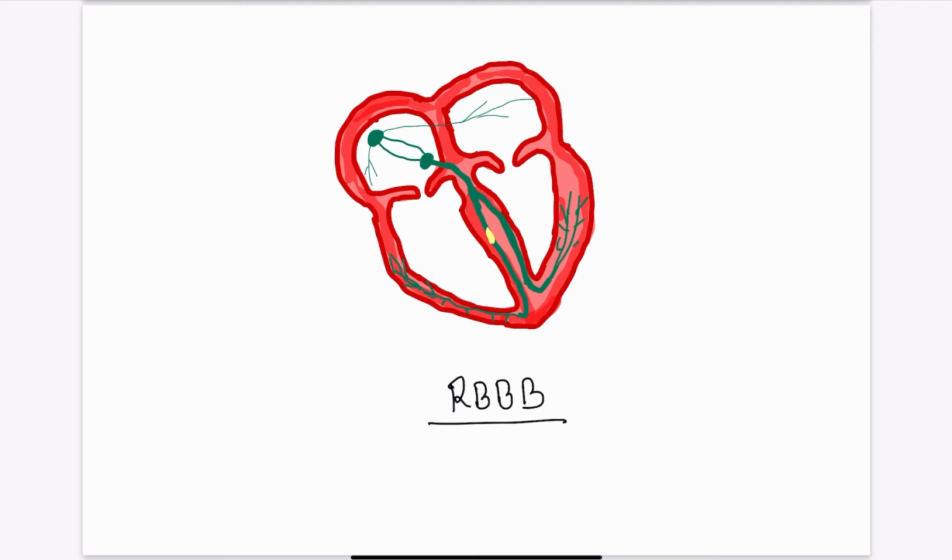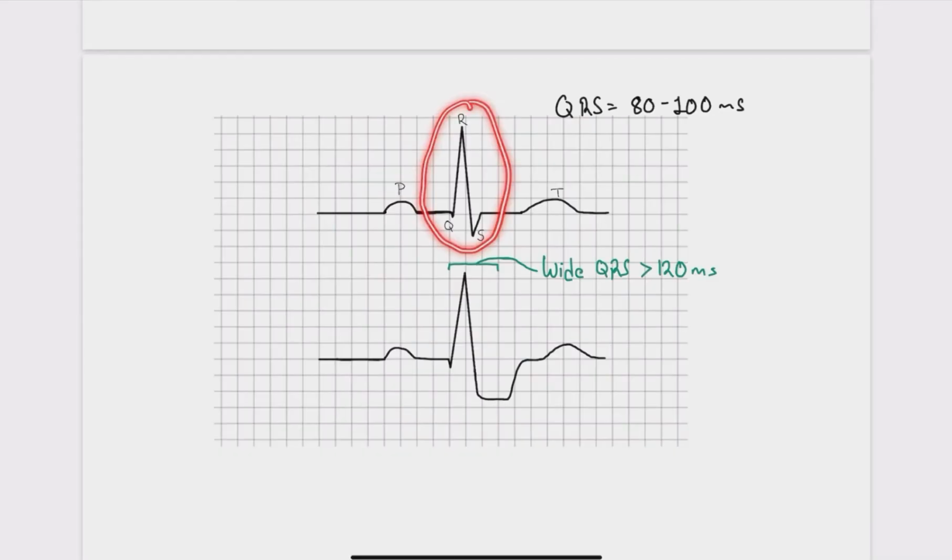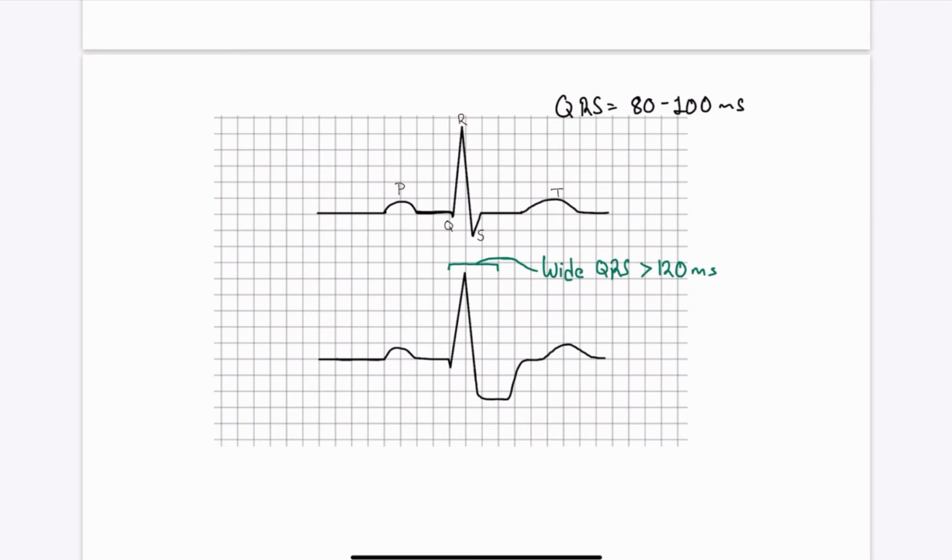The same happens in left bundle branch block, but this time the right ventricle contracts first followed by the left ventricle. Now, if we look into a normal ECG, we'll find a characteristic P wave which represents atrial depolarization that corresponds to atrial contraction. Then we have the QRS complex that represents ventricular depolarization, which corresponds to both ventricular contraction.